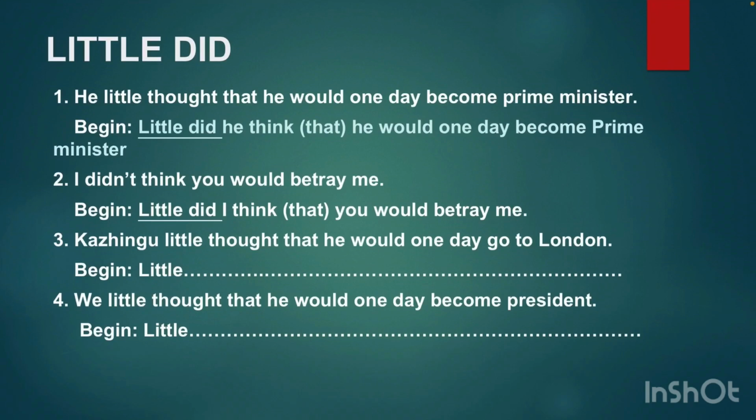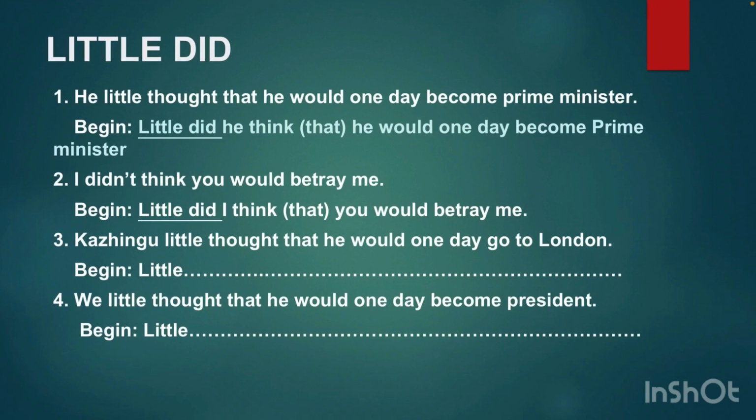So when you're using little did, you know, did is past. Did is past, I repeat. So we don't say, I didn't say it. I didn't thought. No, because did is already past. So when you use did, you say, I didn't say. I didn't think. I didn't come. I didn't eat. I did say. I did indicate. Like that.